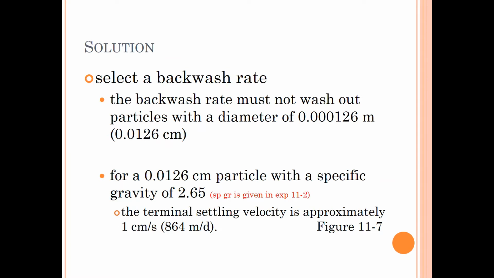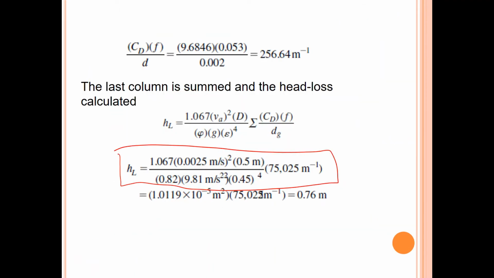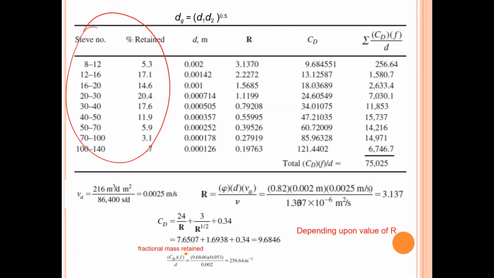So now, the bed we are using has particles of different diameters, and we want all of the particles to remain in the system when we do backwashing, even the smallest one. If we see the particle diameter, the smallest particle here is 0.000126 meter.